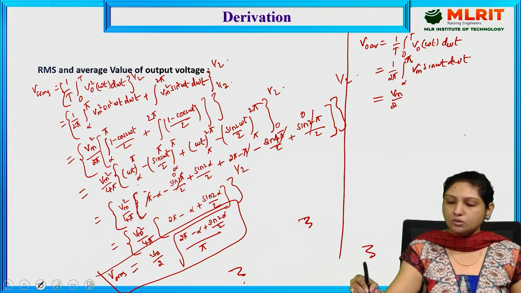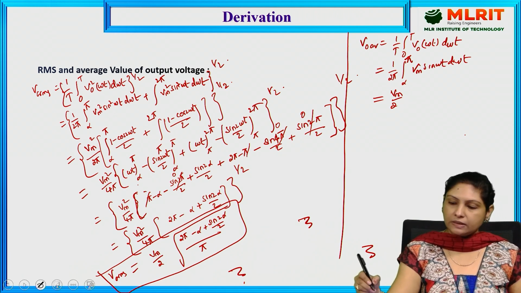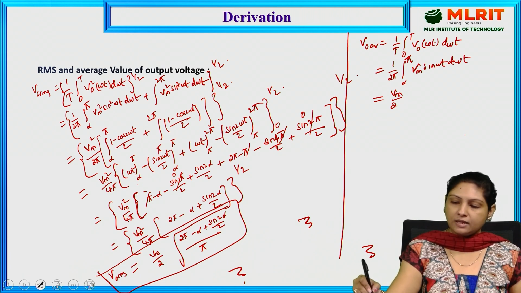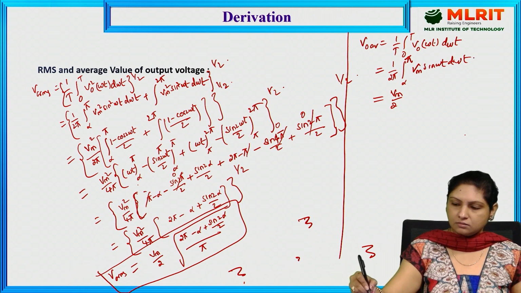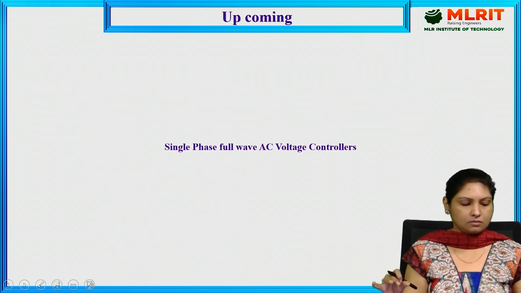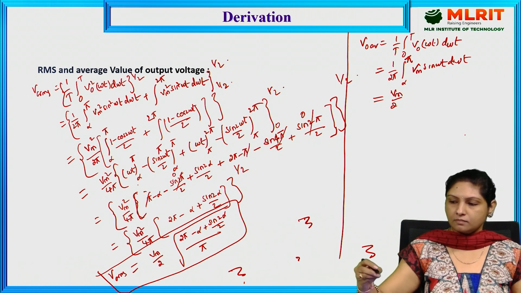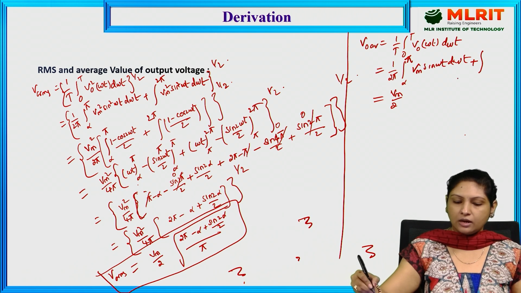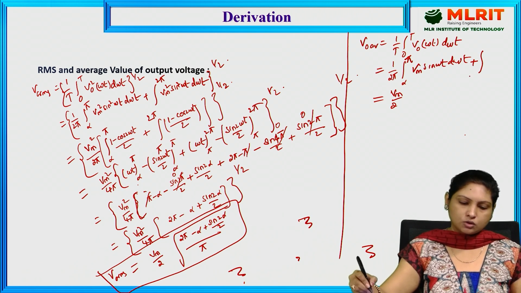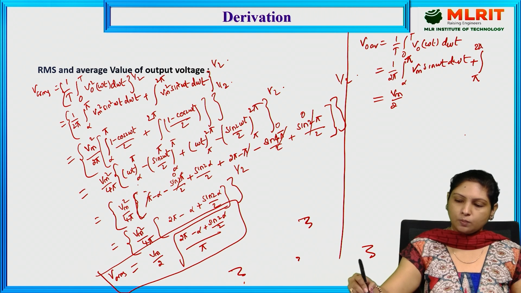And it is also conducting, if you see here, limits alpha to pi, plus it is actually again conducting from pi to 2 pi, Vm sine omega T d omega T.